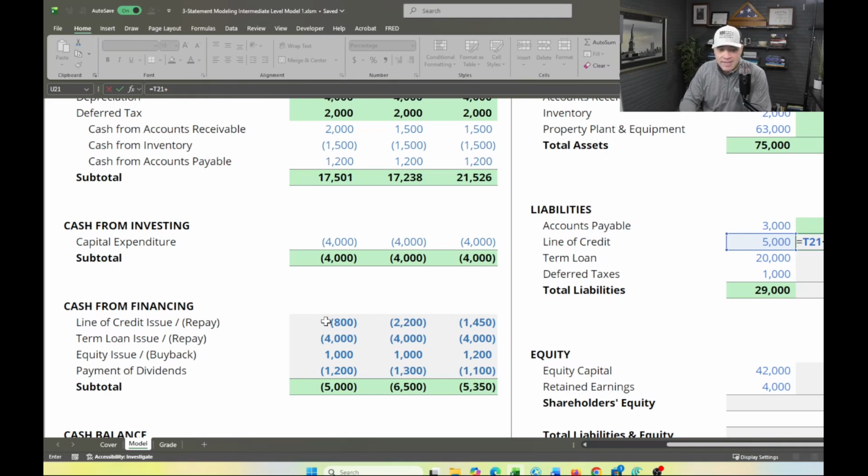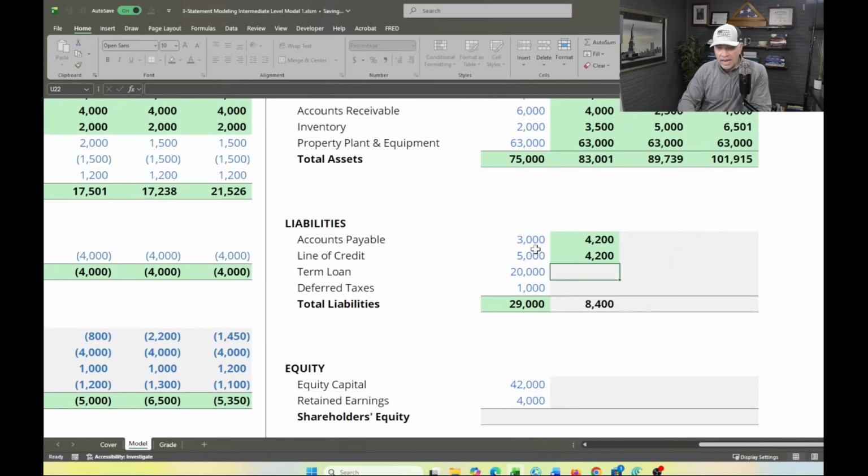Remember, it's a positive relationship. All liabilities are positive, so you always want to add it back in. So I'm going to do the previous amount, this one, 5,000, and then I'm saying plus, but really it's subtracting because it's already a negative. So I paid off 800 of my line of credit, and I owed 5,000, and now I owe 4,200.